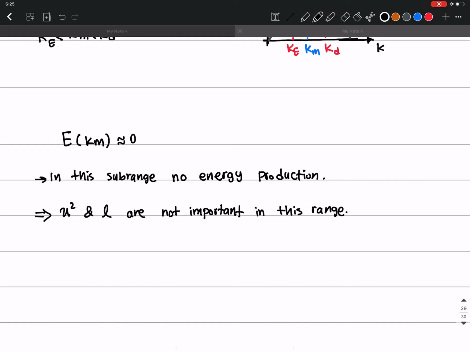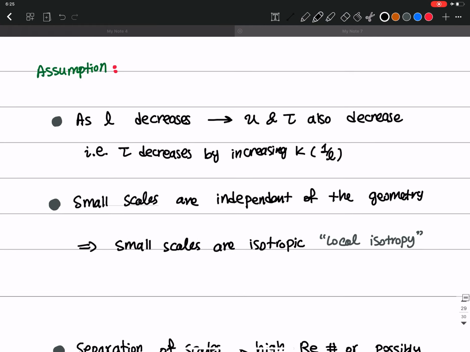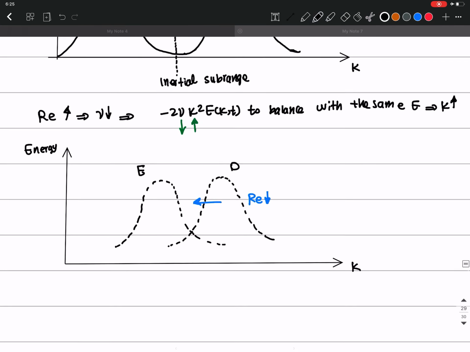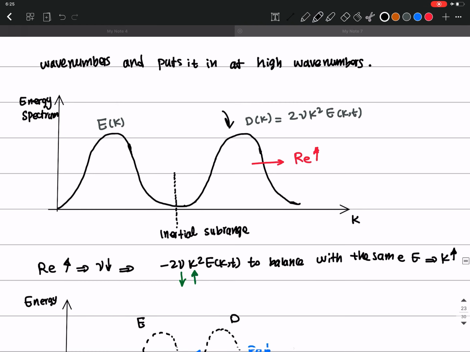This is one thing that we get, because U square and L are from the large scale, and because we don't have any energy production, these two scales are not important in this inertial subrange. Also, we know that dkm equals about 0 in this subrange. The only important thing here is energy transfer, and the rest are just not important.